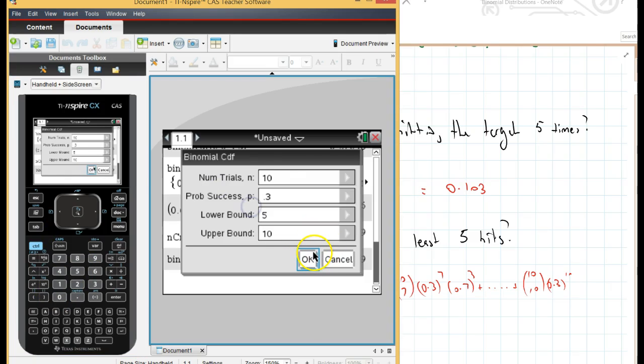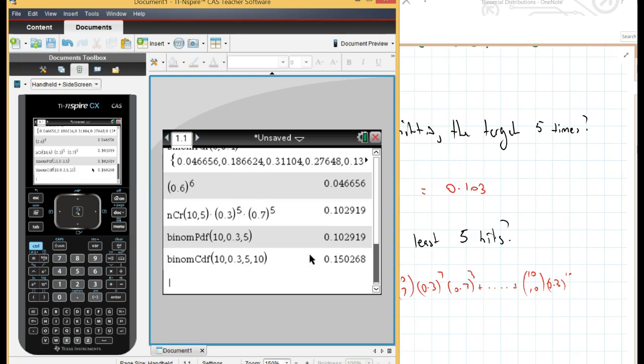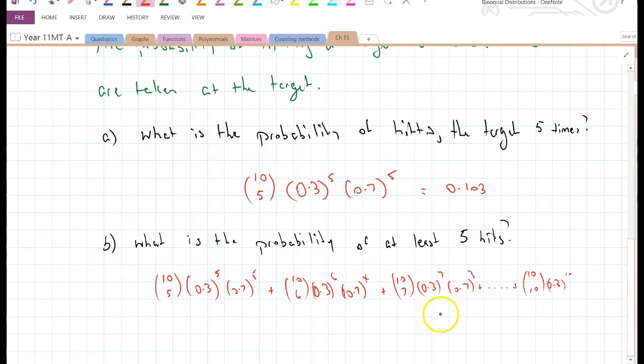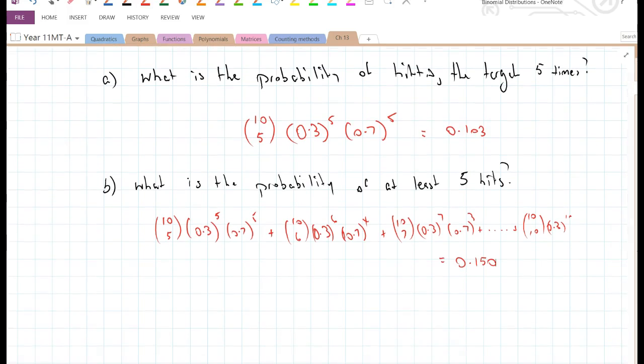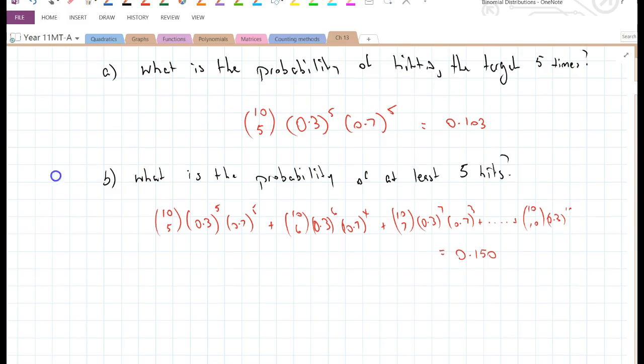Tell me what it is. From 5 to 10, it's 0.150. So there's only a 15% chance of at least 5 hits. So that's how to do those sorts of questions.